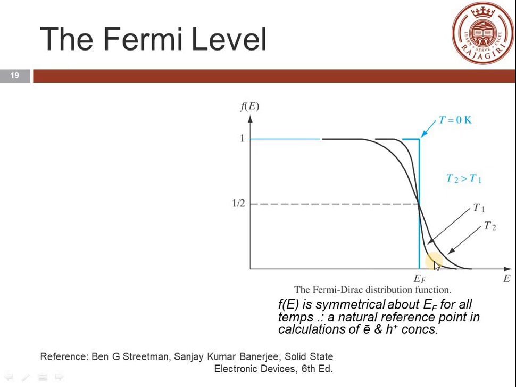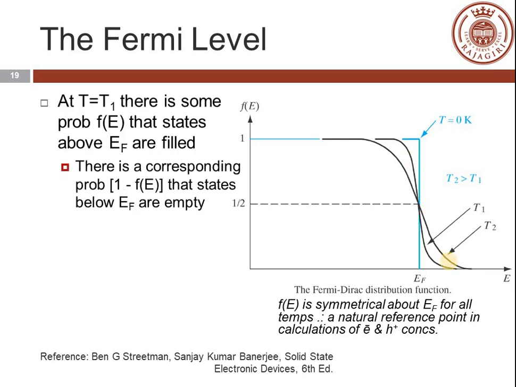Then there is some probability that some states below EF won't be filled. Similarly for T2 also. So at T equal to T1, there is some probability f of E that states above EF will be filled. Now there is a corresponding probability 1 minus f of E that states below EF are empty.